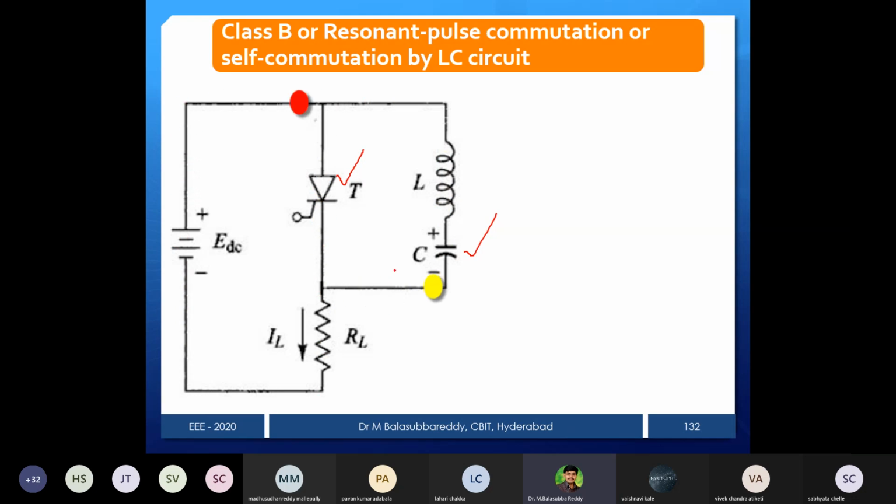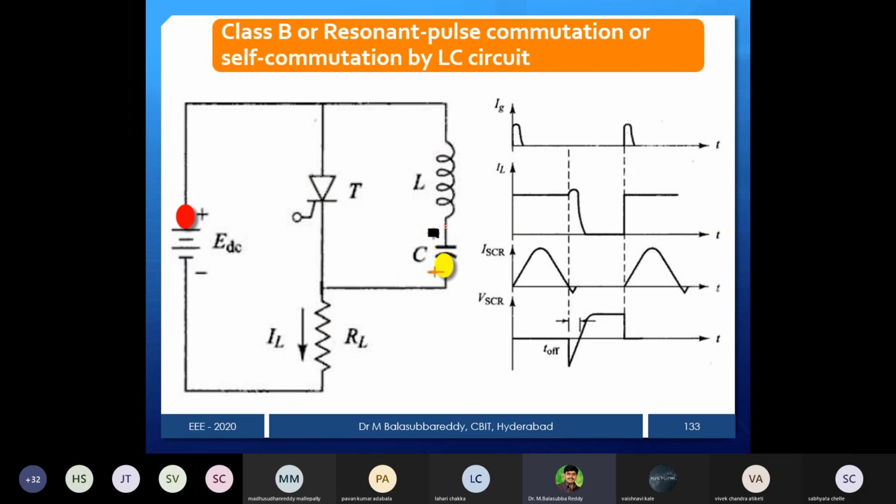Now after some time the capacitor is discharged completely and the polarities will reverse. Polarities are reversed: lower plate is plus, upper plate is minus. Then you can see this yellow ball is passing in the opposite direction of the load current.